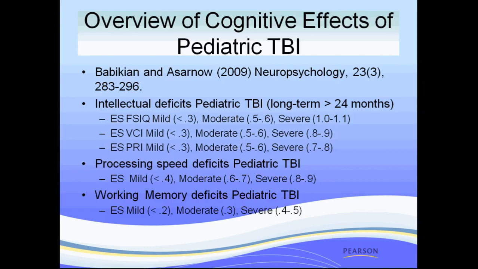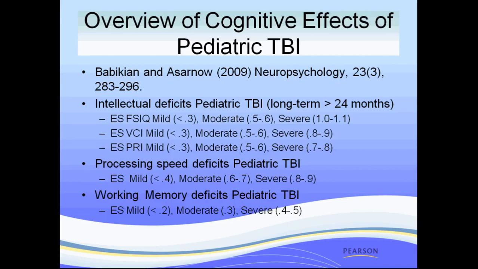In more severe cases, you can have some pretty significant deficits in intellectual functioning, up to an effect size of 1 or greater than 1. And then you're looking more like 15 points. So if the person had an IQ of 100 initially, they're now functioning at a level of 85. It does vary somewhat between verbal comprehension, verbal problem-solving skills, and perceptual reasoning skills.